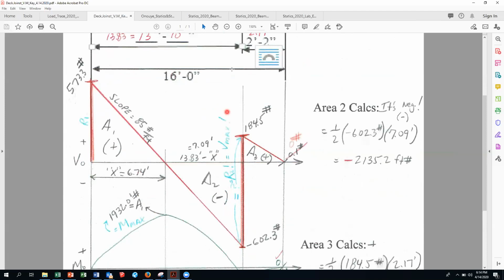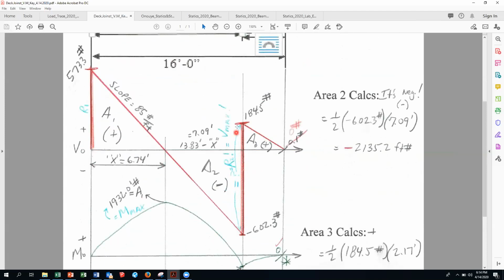I have 2 values of shear at this reaction. I got 184.5 and minus 602. That's actually the reaction value itself. And that is Vmax. We're going to need that for the next few calculations.